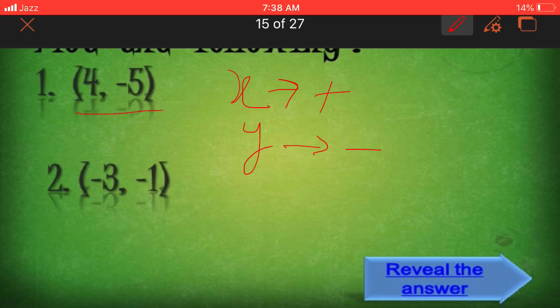Where x is positive and y is negative, that is in the fourth quadrant. And similarly the second point, x is negative and y is also negative, that means both of them are negative, so this second point will be in the third quadrant.